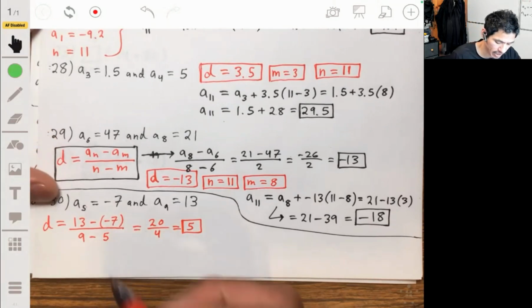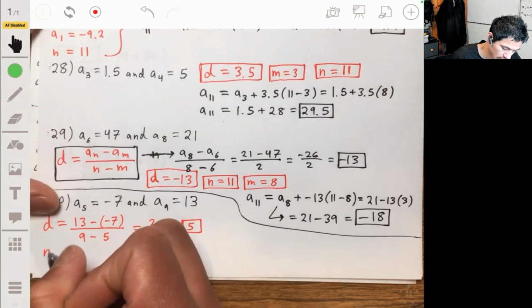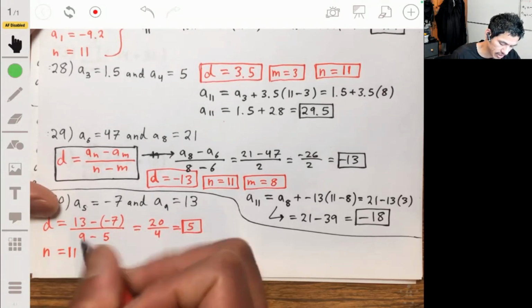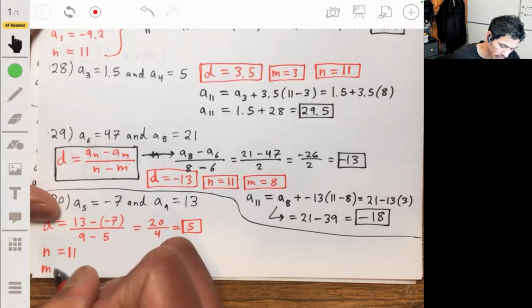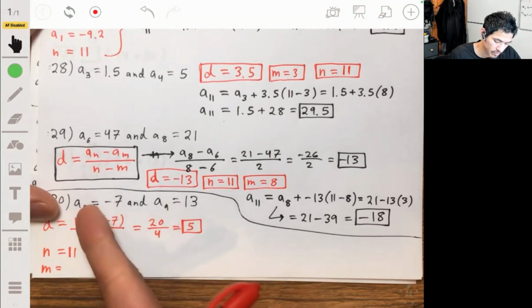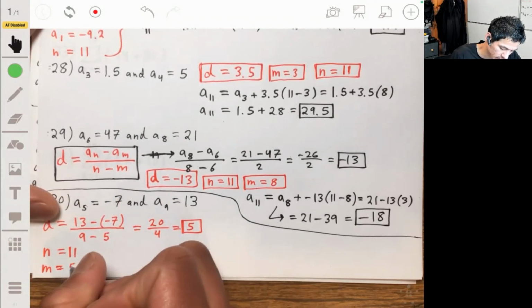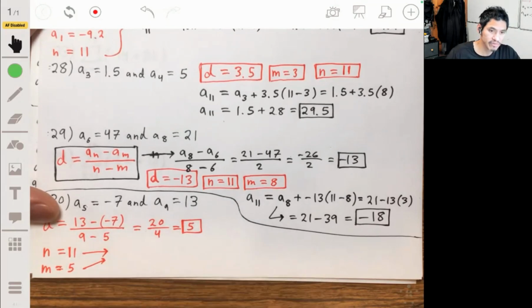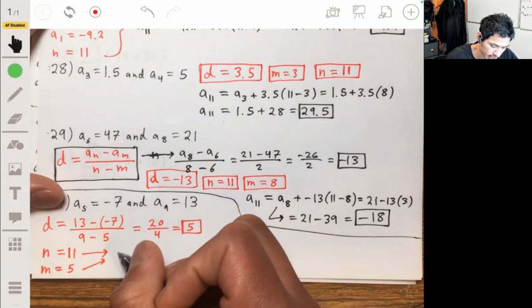And then from there, we can find A11. We'll make n 11 again. And m, we can just make it 5. Then now we can find A11 by using our equation for an.